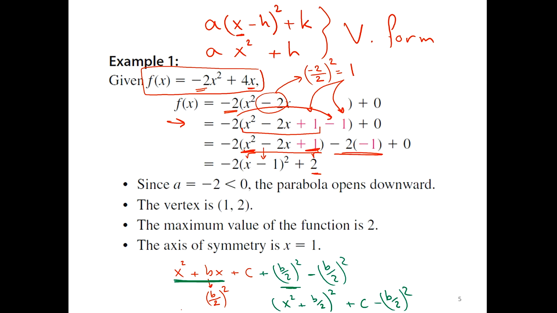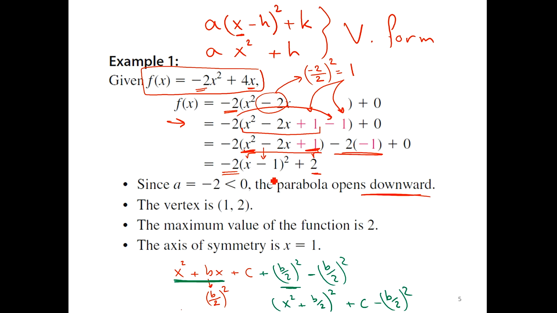So we now convert the quadratic formula to the vertex form. And we can conclude if a is negative, this parabola opens to what? Up or down? Open down, because we have negative, the coefficient of the brackets.